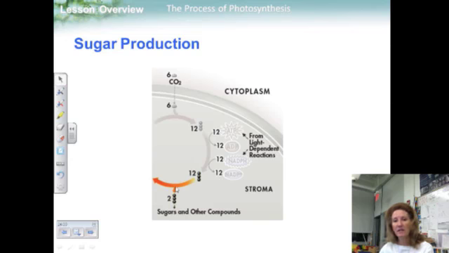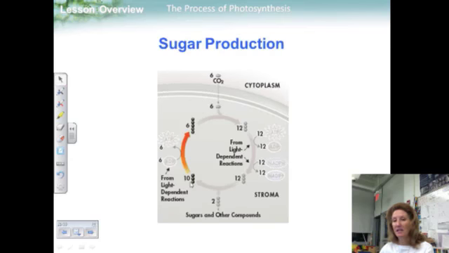So about mid-cycle, 2 of the 12 3-carbon compounds, 2 of them, are removed from the cycle. These molecules become the building blocks that the plant cell uses to produce the sugars, the lipids, amino acids, and other compounds too. So these become useful for the plants right there.